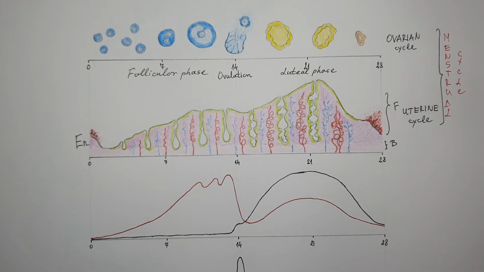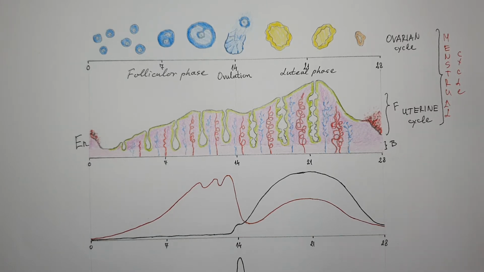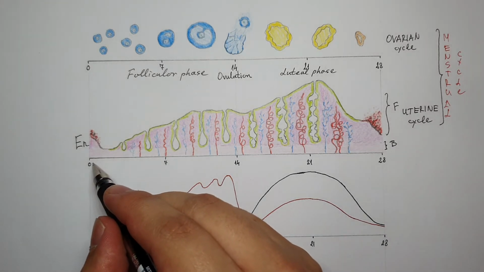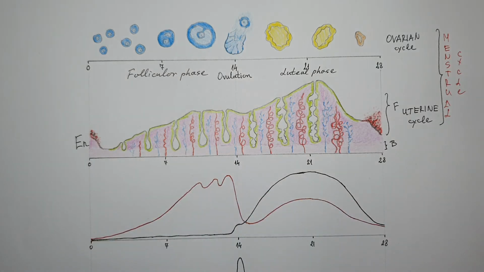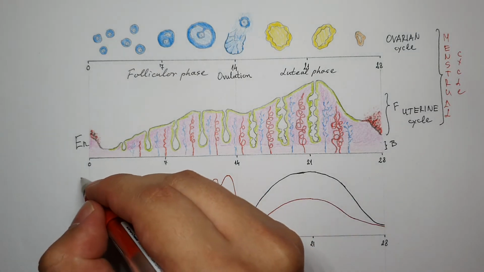The parts of the uterine cycle. So first of all, the first day of bleeding is the first day of the menstrual cycle. So because of that, the first phase is menstruation.